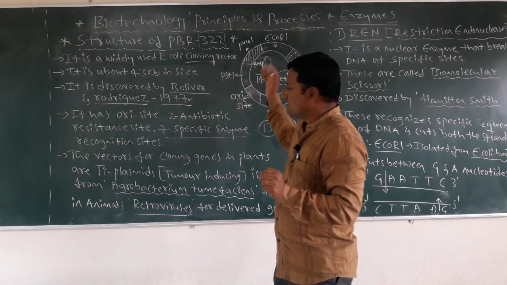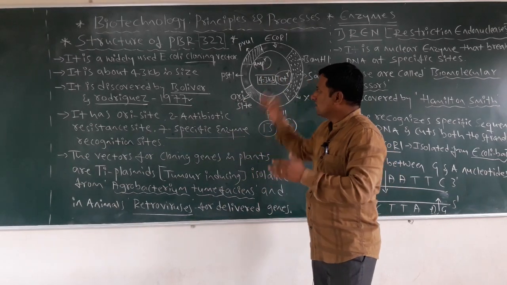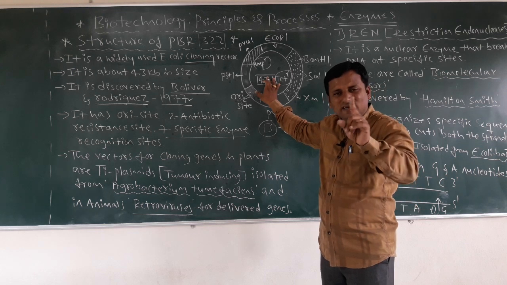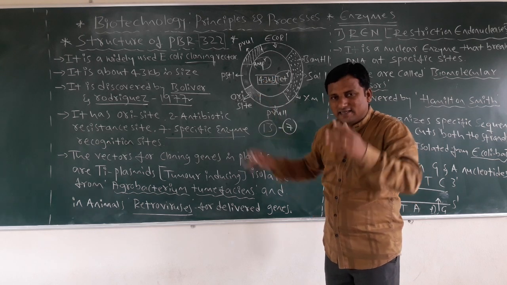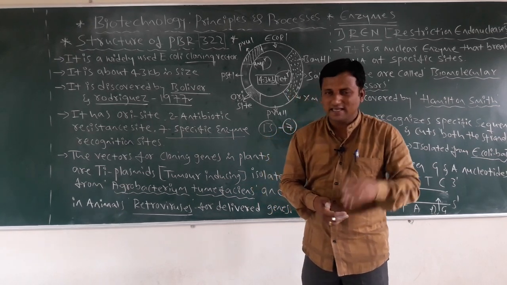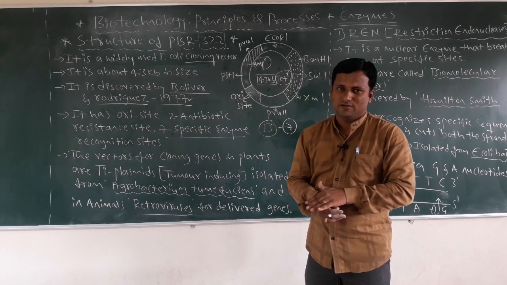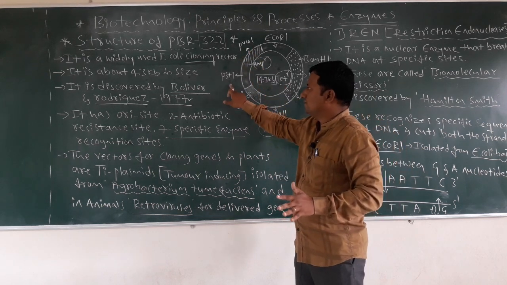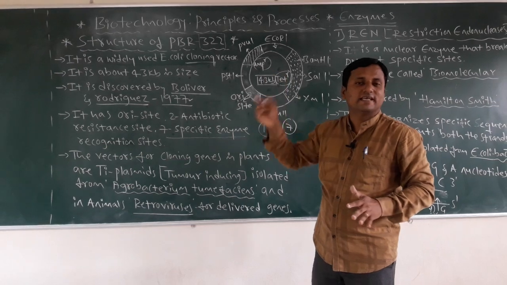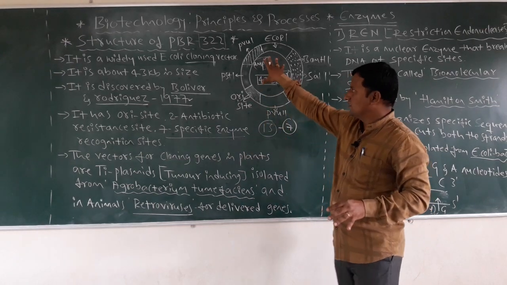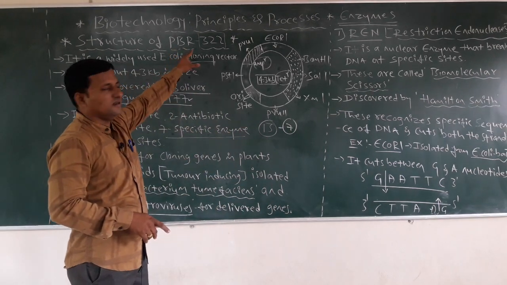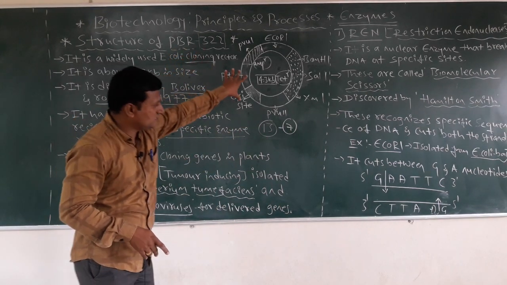You just need to remember the 7 recognition enzyme sites and only one ORI site. Inside that there are 2 antibiotic resistance genes, AmpR and TetR. You must remember the enzymes that are helpful for the replication process. So this is the concept of the structure of pBR322.